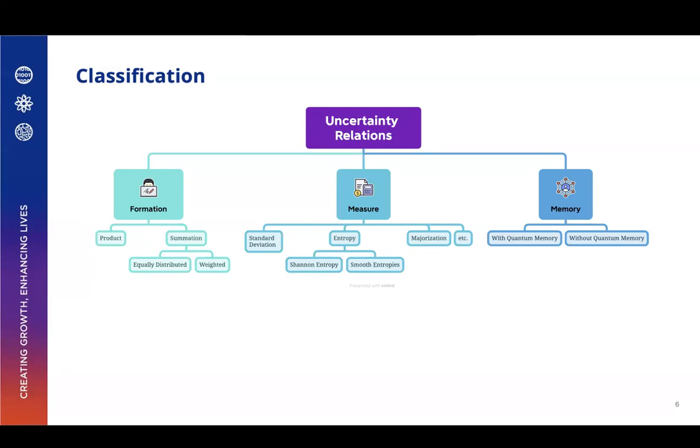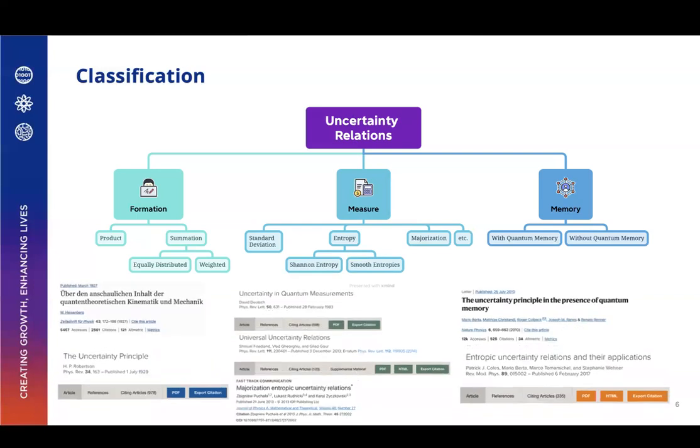Even back in the year 1935, the original EPR paper was talking about the uncertainty principle in the presence of quantum memory. Albert Einstein tried to argue against the completeness of quantum mechanics by using the example of the uncertainty principle. If you are interested in this topic, you can find many wonderful papers online. I do not have enough space here, so I just show some results along the line.